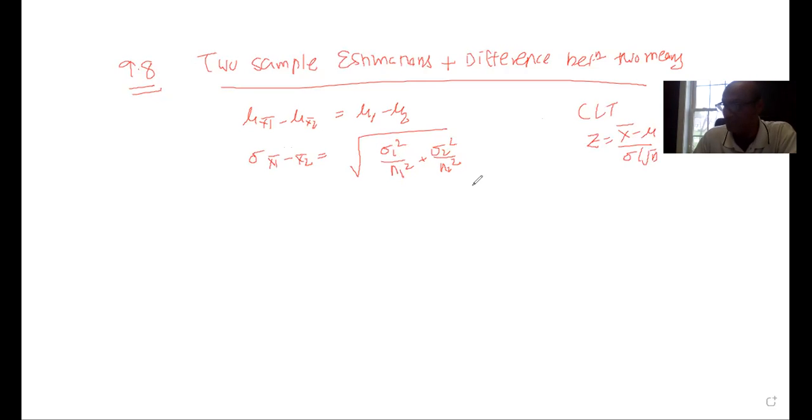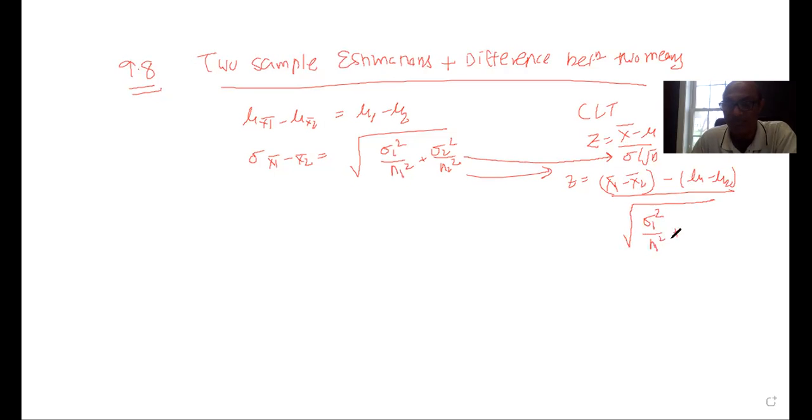But for these two cases, I have to adjust my z. So that is not x bar, but x1 bar minus x2 bar, minus nu1 minus nu2, and my sigma over square root of n is replaced by the square root of sigma 1 square divided by n1 plus sigma 2 square divided by n2. Sigma 1 square divided by n1, not n1 square. Because it is square root of n, n remains the same.